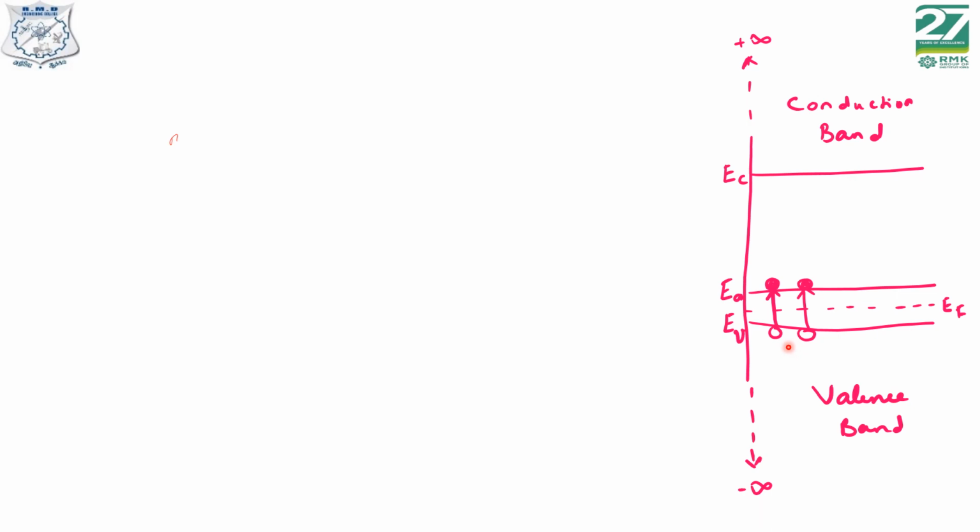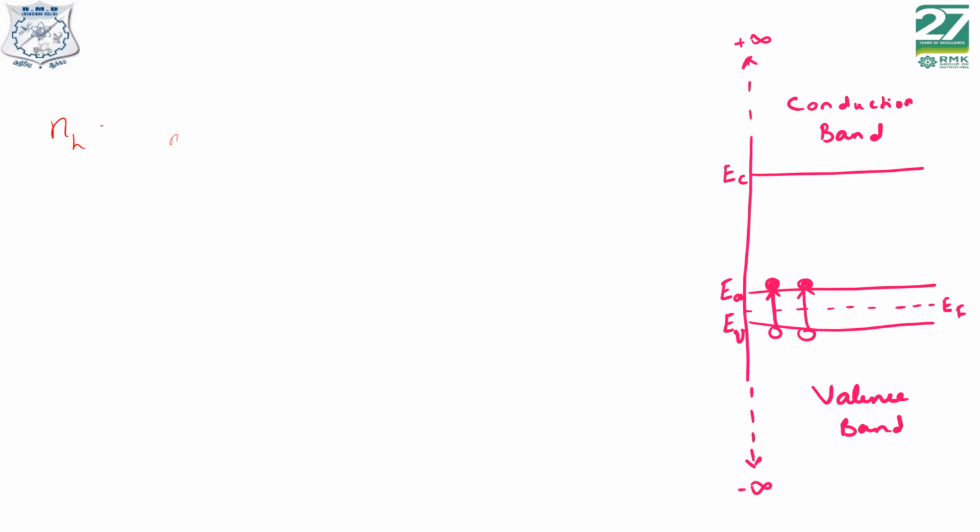So I will write an expression for NH. I will write it from the intrinsic carrier concentration, that is, the density of holes in the valence band. So that is the starting point for us. So let me write the expression.